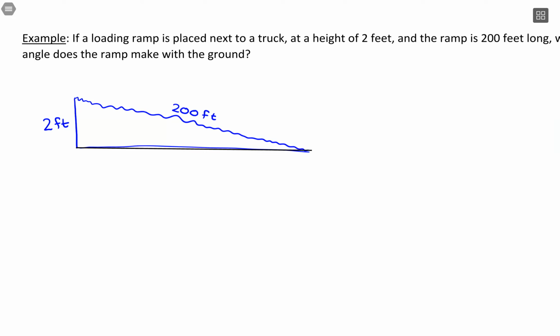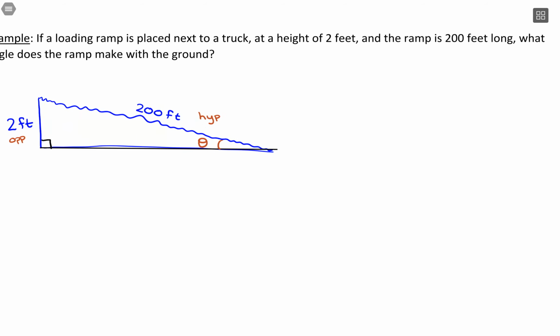All right, so what we want to find is the angle with the ground. So I want to know what this angle measurement right here is. So let's see, we know opposite, we know hypotenuse. So with that, I want to use sine. So sine of that angle theta is going to be equal to opposite over hypotenuse.